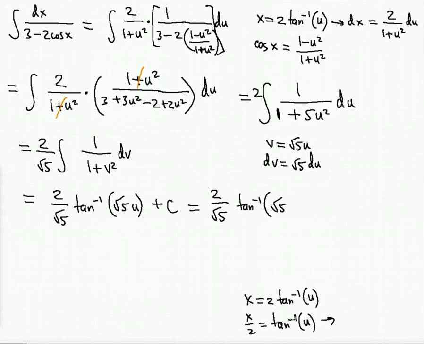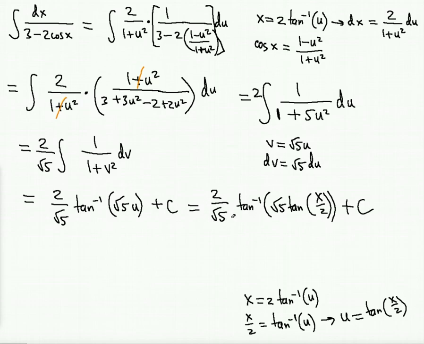So that means if you apply tangent to both sides, you will have u isolated on the right side. I'm putting this on the left side just for convenience, and then this part will be tangent as well, right? So tangent of x over 2. Beautiful, right? So this is going to be radical 5 u, so u is tangent of x over 2, plus a constant.